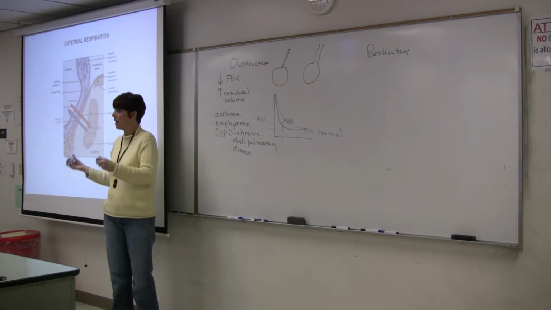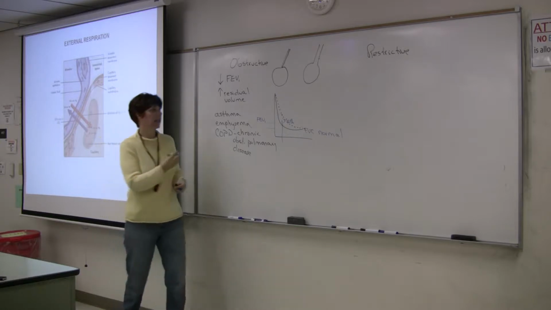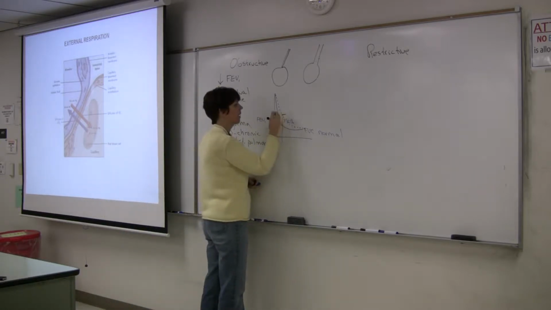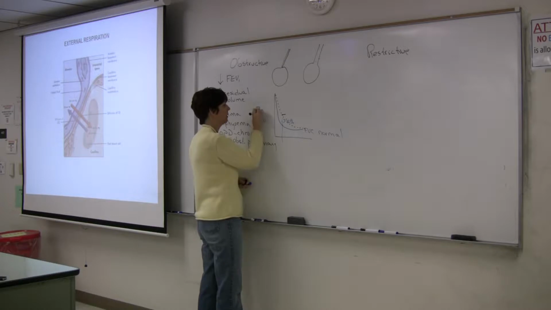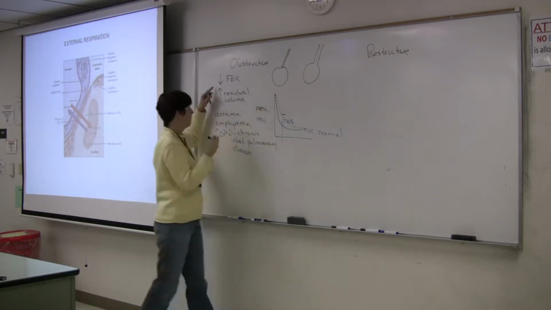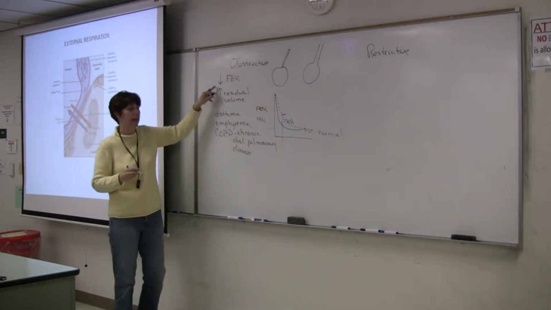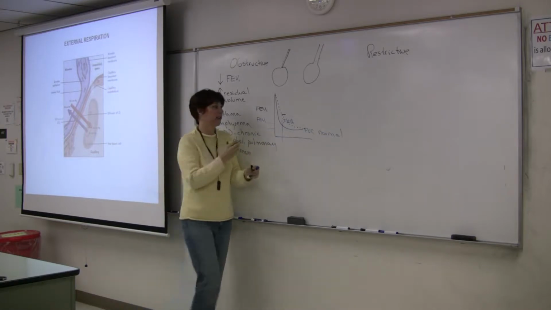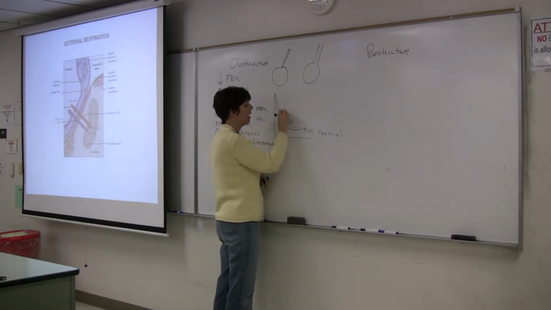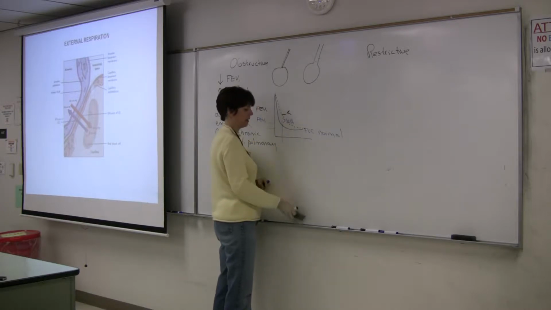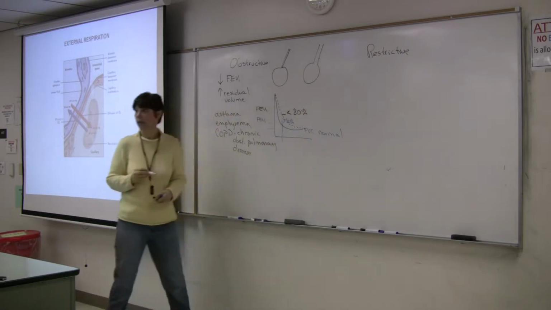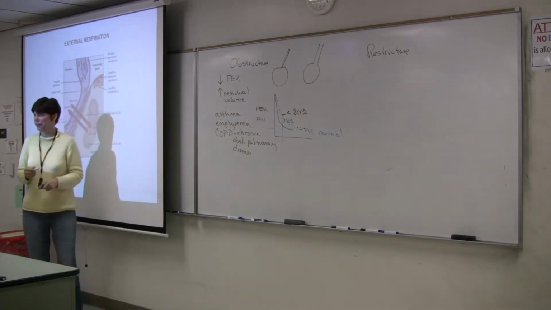But they would have a normal total air that they blew out of their lungs. So their FEV1 would be lower, because their FVC is normal, then their percentile would be less than 80%. So that's how this test would reflect.